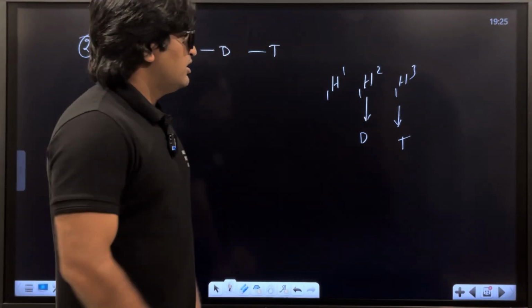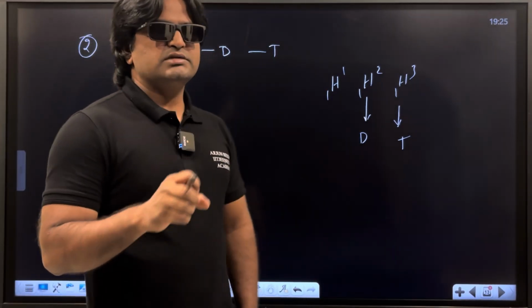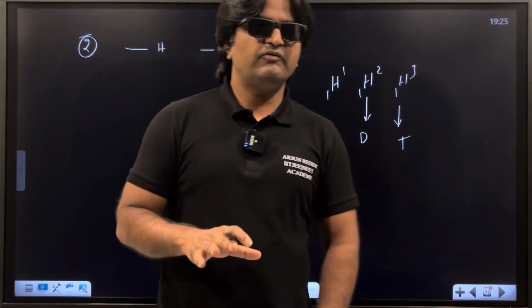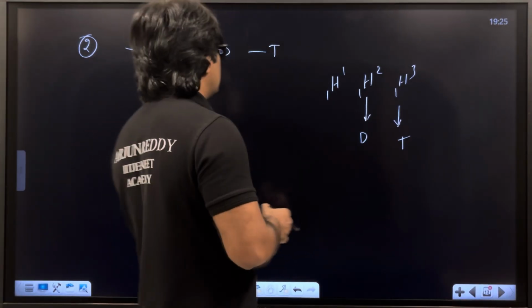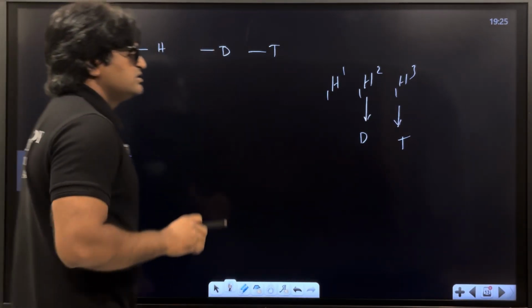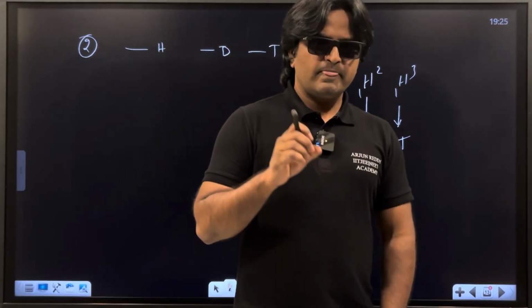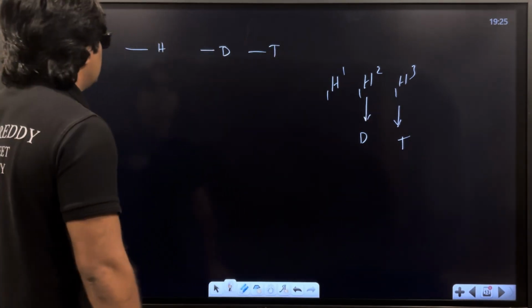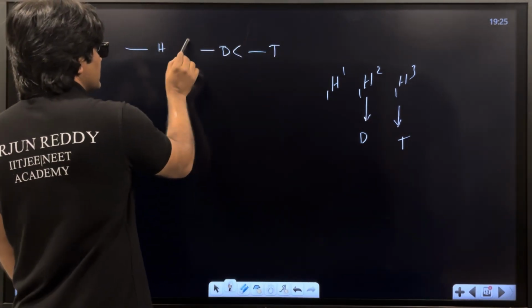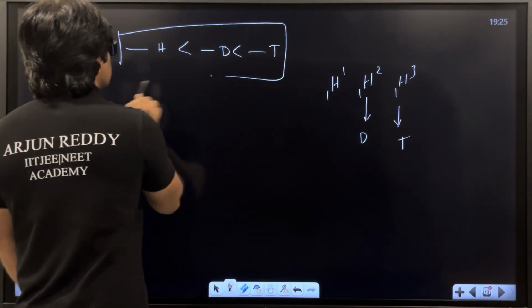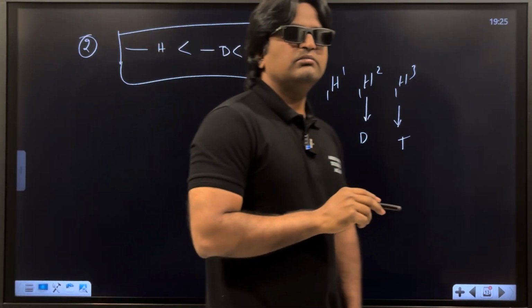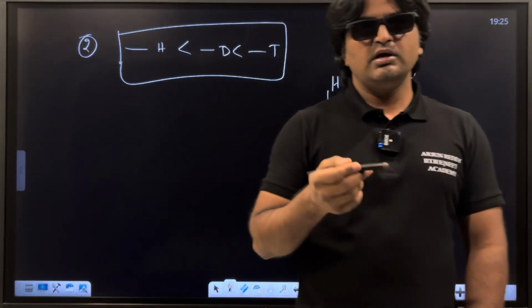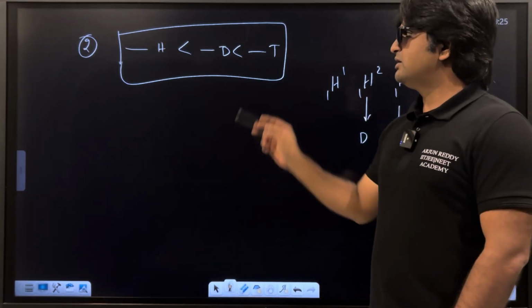These three species have the same atomic number but different mass numbers. In this situation, we give high priority to high mass number. Tritium has higher priority than deuterium, and deuterium has higher priority than hydrogen.